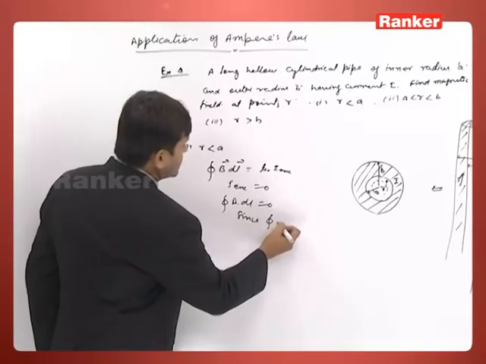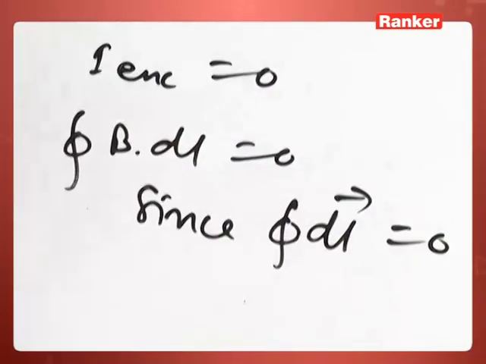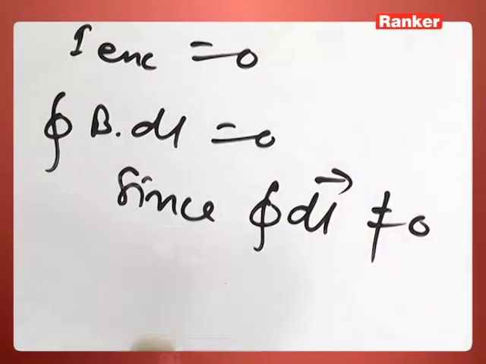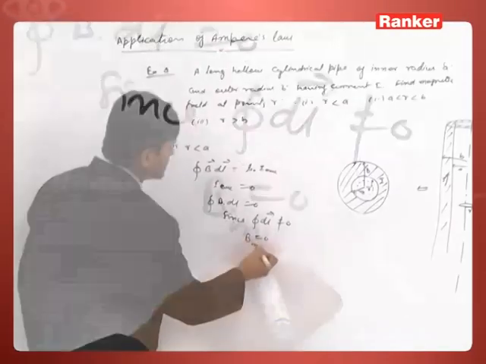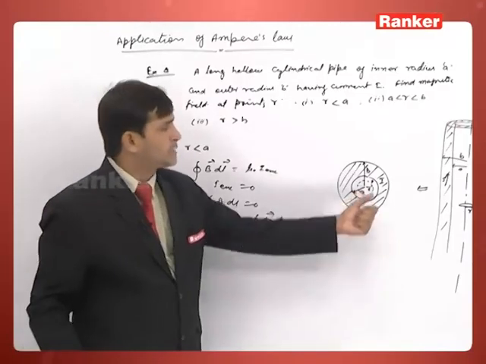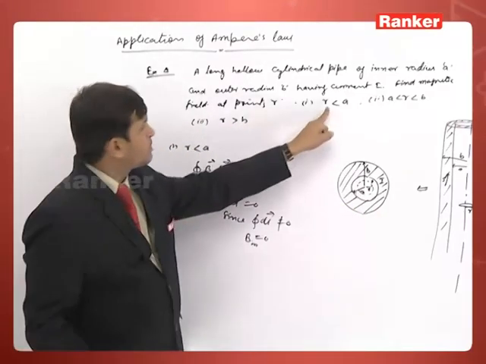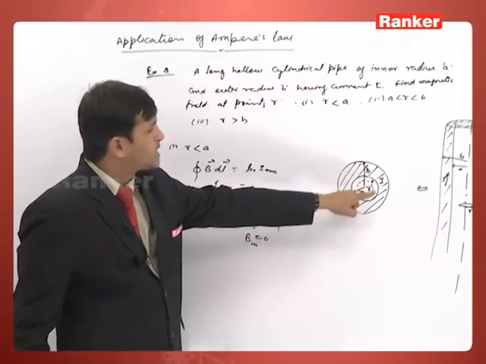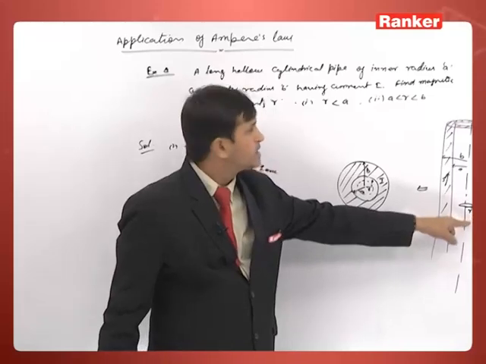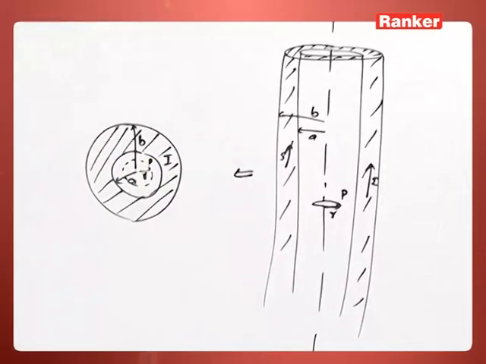Since the integral of dl is not equal to 0, B must be 0, so we can write B inside is 0 in the first part. If the point is at R less than A, inside the inner radius, the magnetic field at that point will be 0.